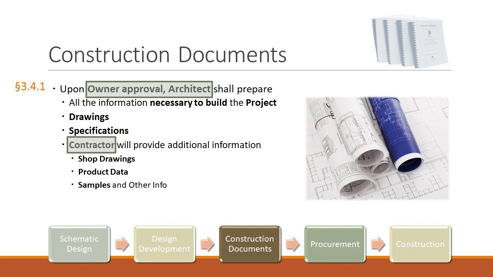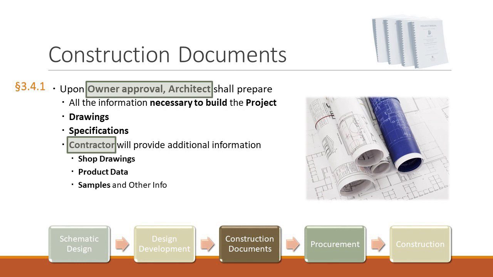And so that's why this phase 3, this construction document phase, the third phase of the 5, takes so much longer, 40% of your time, because now you have to put in all the quality level performance criteria, material systems, and other things required for the construction of the work. So it's all the information necessary to build the project.